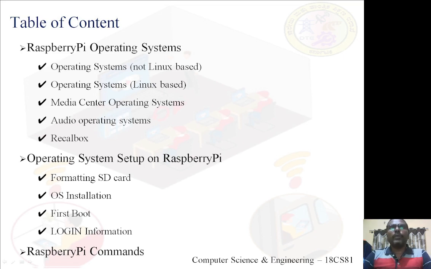These operating systems we can classify into groups, such as some based on Linux and some not Linux based. So first we'll see those operating systems not Linux based, then we'll see which are Linux based. Then we'll look at media center operating systems, then audio operating systems, then Recalbox.